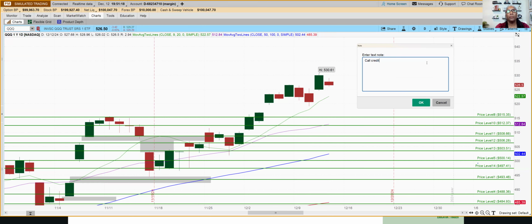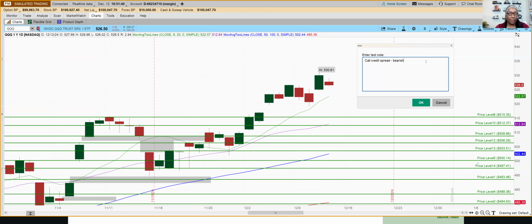Question. Call credit spread, is this bearish or bullish? Oh, thank you, Brandon. Brandon gave us a little bear as one of the icons. It's bearish.